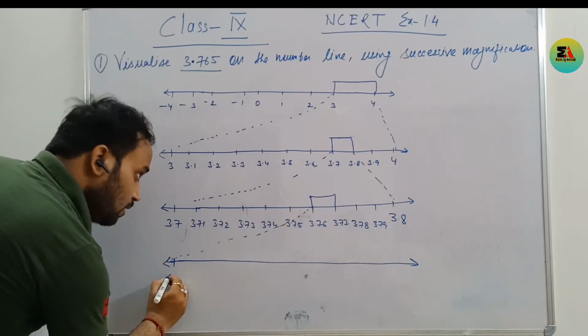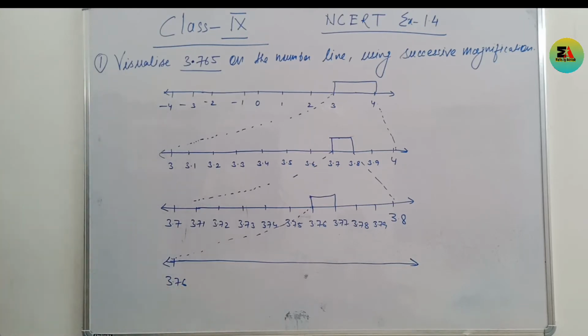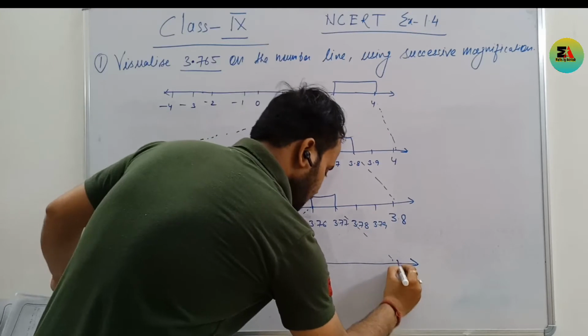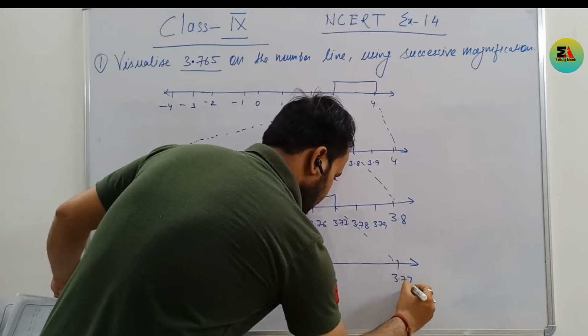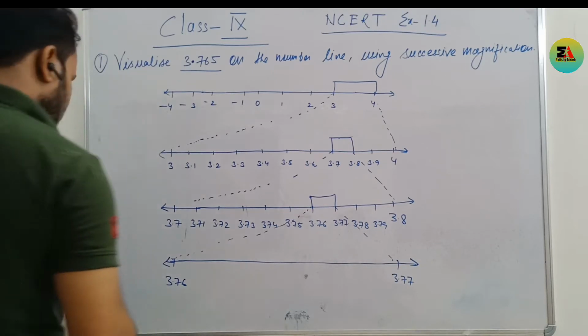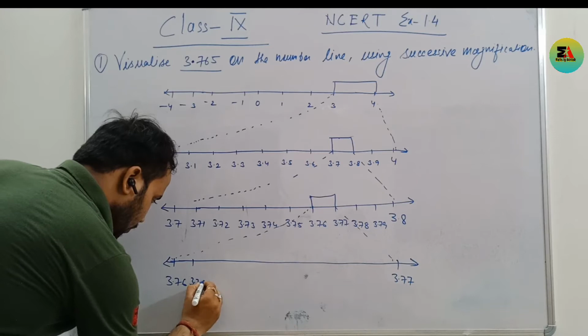Here all of you write 3.76 and the last number is 3.77. Now plot it; again you have to divide it into 10 parts.